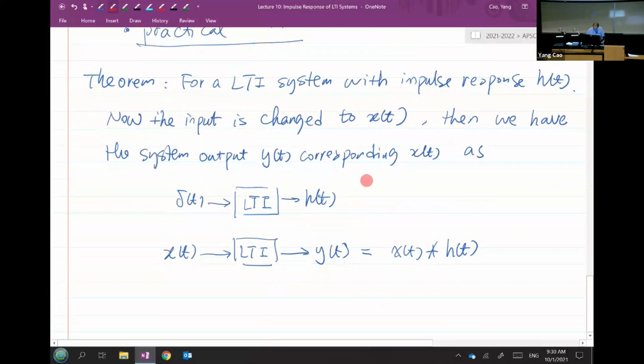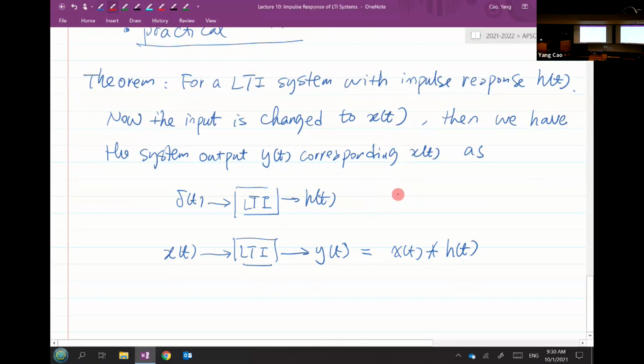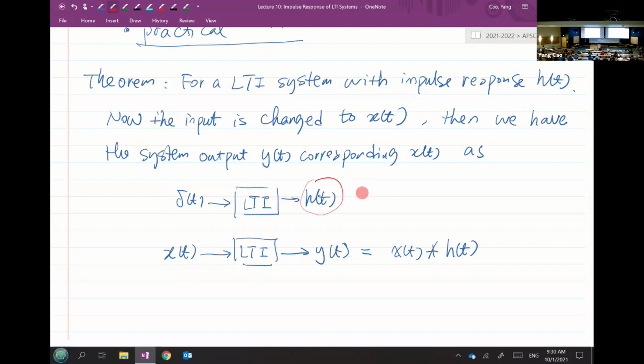First of all, this is all symbolic, so it's a little bit abstract. When you gave the system input delta t, it produced h of t. So basically, assuming you know h of t now, maybe h of t is as simple as sine t, and you change the system input to any different input x of t.